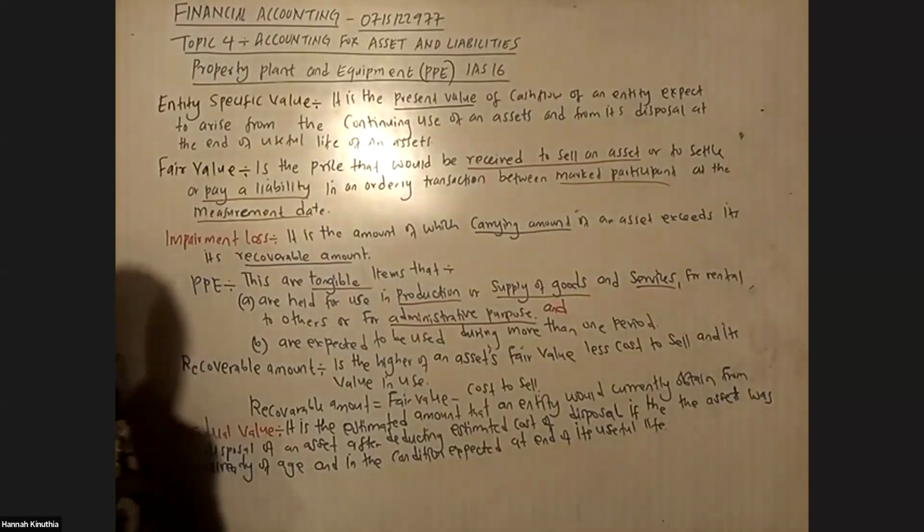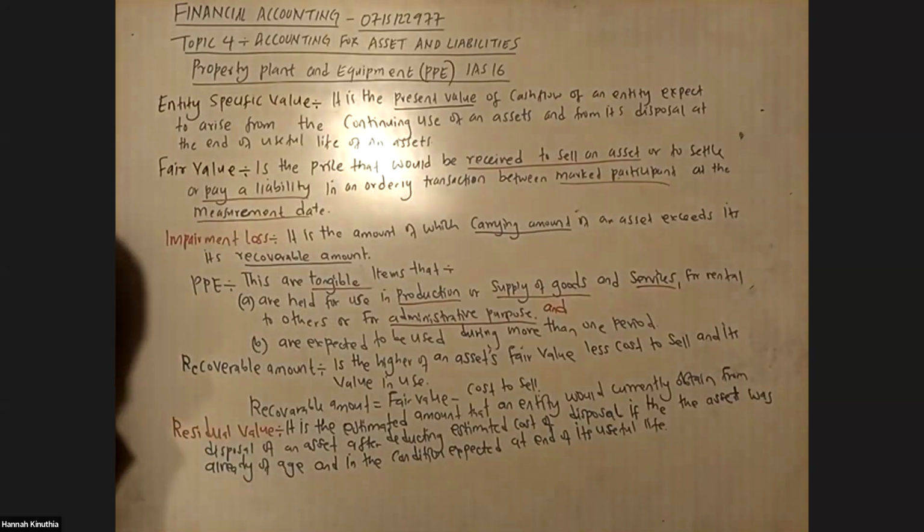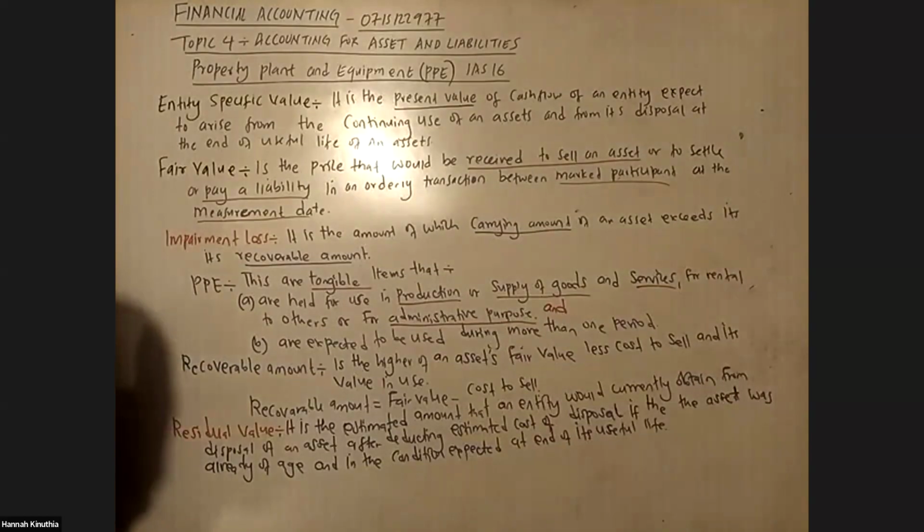So when you use an asset for some time and then you dispose it, that value that you dispose it at the end of that useful life is what we call the residual value.